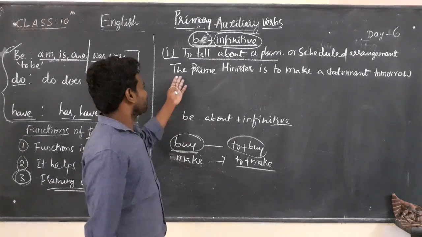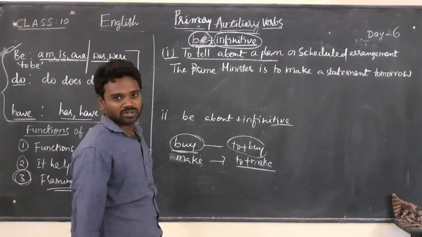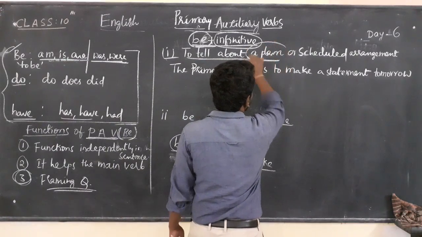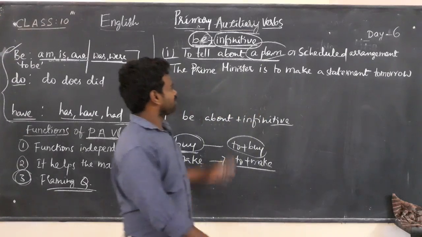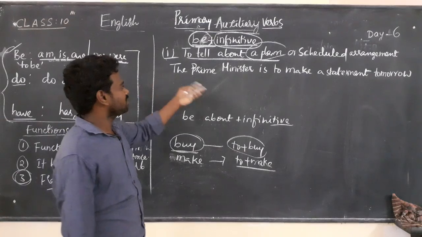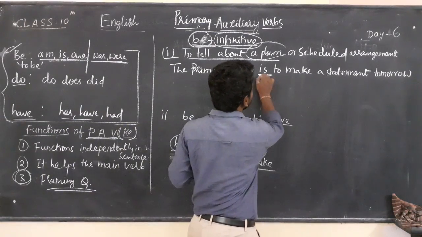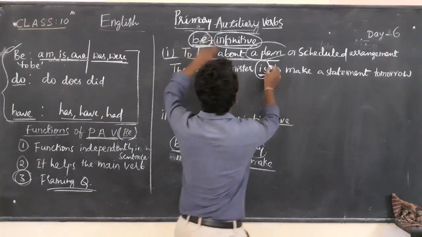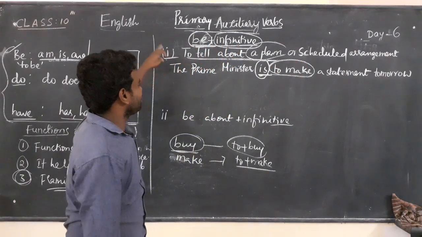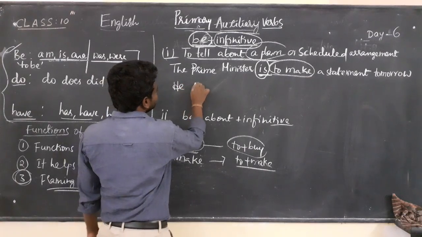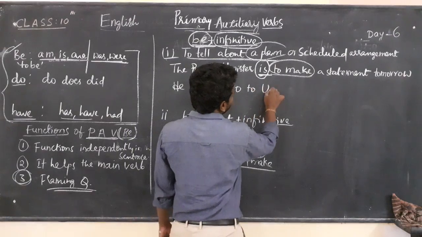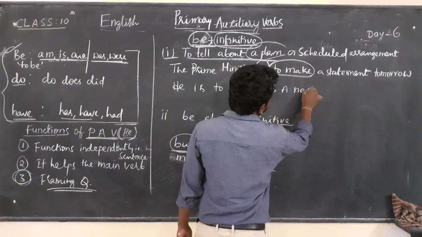We are all waiting for his statement, so it is already a plan or scheduled arrangement. Is here is a be form; to make is the infinitive form. One more sentence: He is to go to USA next month.